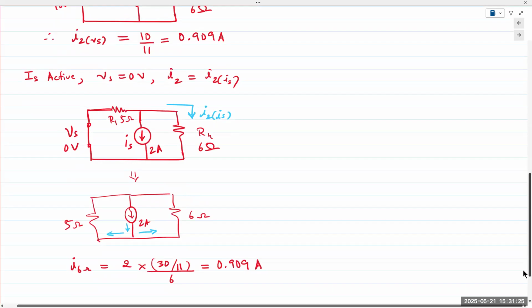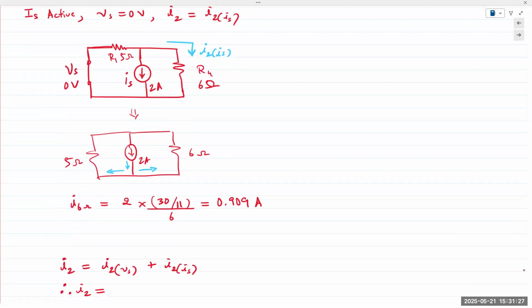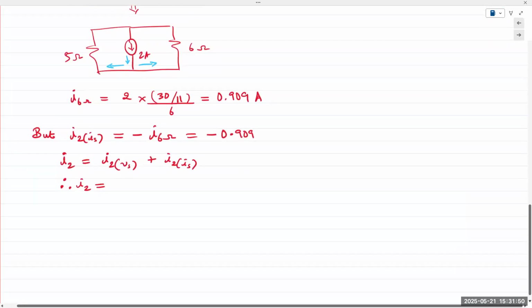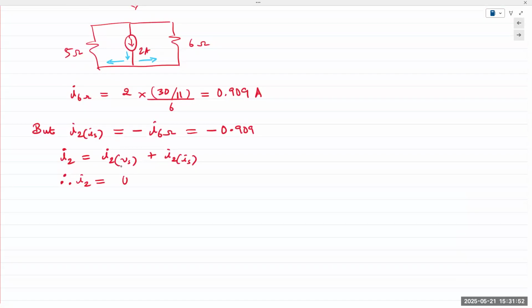And so the 6 ohm resistor current is 0.909, but I2 due to IS is pointing in the opposite direction. So it's equal to minus the 6 ohm resistor current we found. It's minus 0.909. And the sum total, the result, is 0.